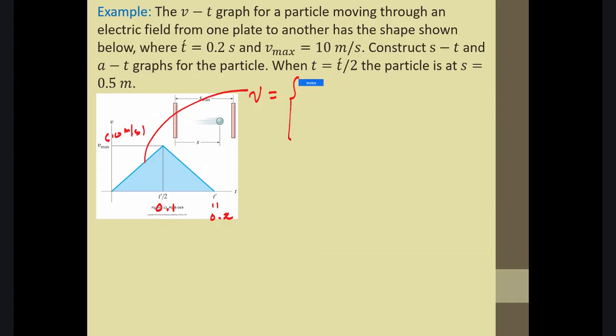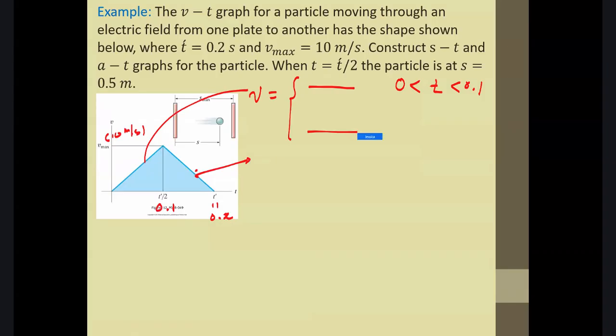This is a piecewise function. I want you to find the equation for this velocity as a function of time t, for the time interval between 0 and 0.1 seconds.